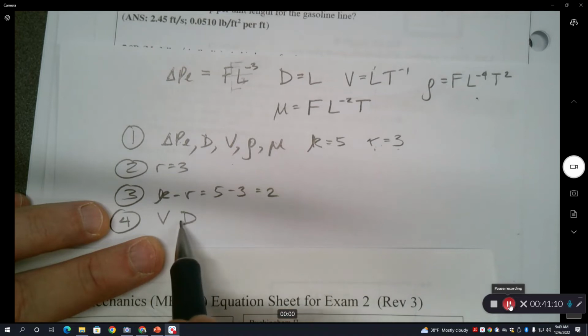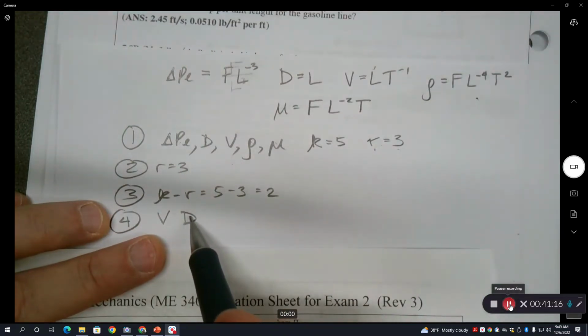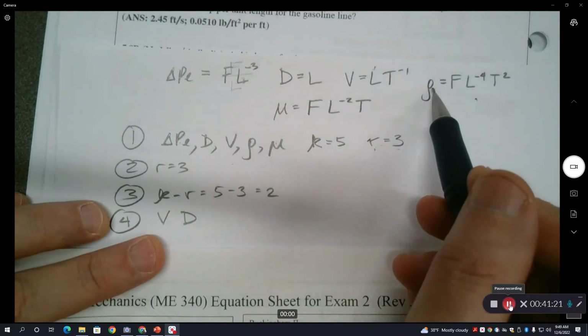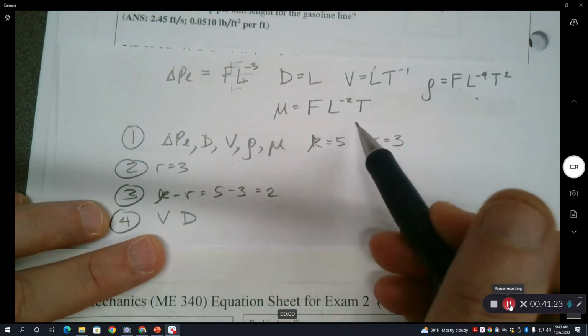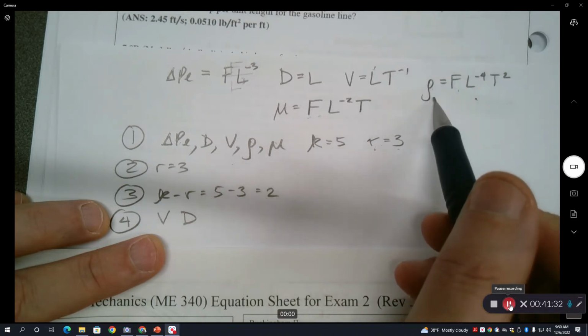Diameter is a good one because it's simple, only L. So then we haven't represented F. We have a choice between either density, where we represent F, or viscosity. You can do either one, but I think density is going to be a better one.